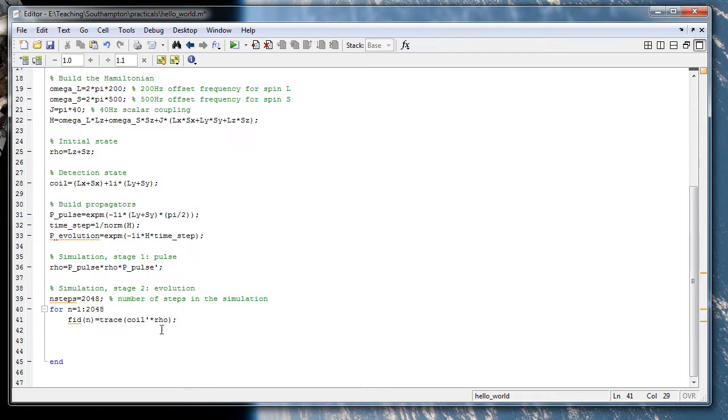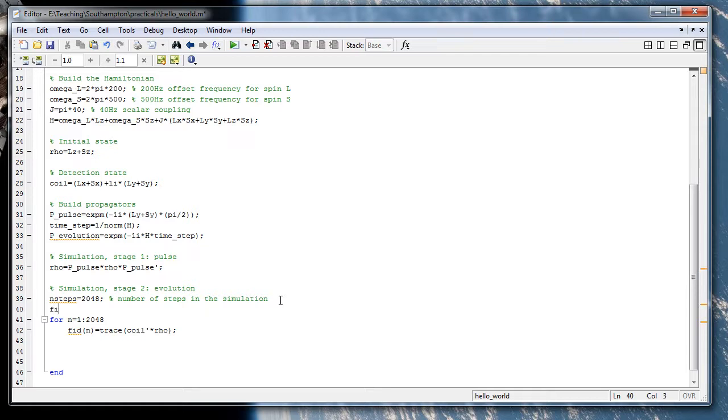Now, there is an interesting thing that is specific to MATLAB to an extent, and to most high-level languages. You see, it doesn't actually exactly know how many elements our FID would have until it fills them in. It's not sufficiently intelligent to figure out that we've got these 2048 points. And every time it extends the array, it has to do a certain amount of memory manipulation, and it can be slow. So a good idea before we start filling in our FID is to actually initialize it, that is to fill it with zeros.